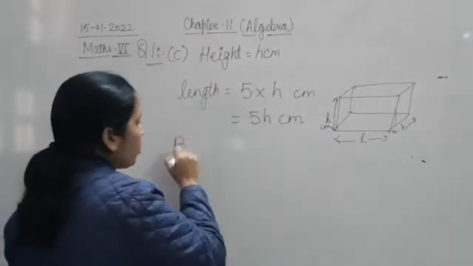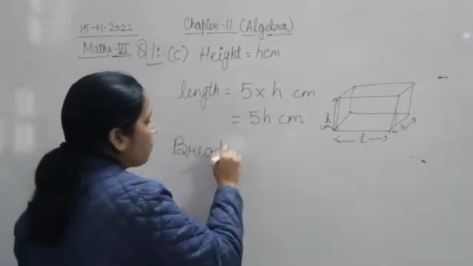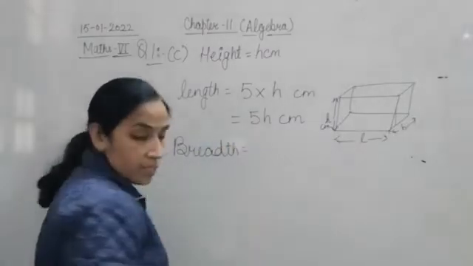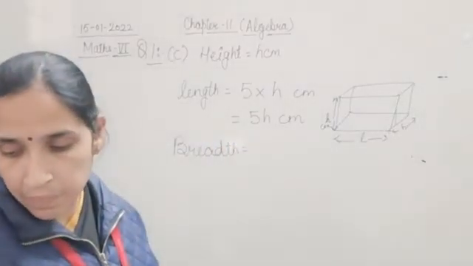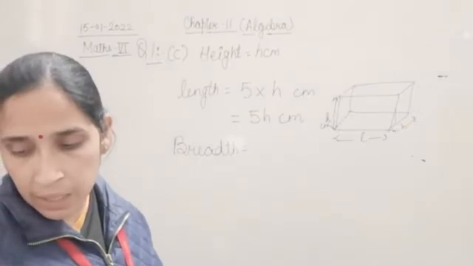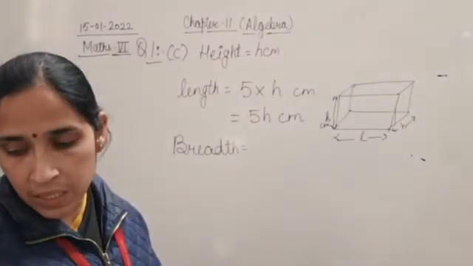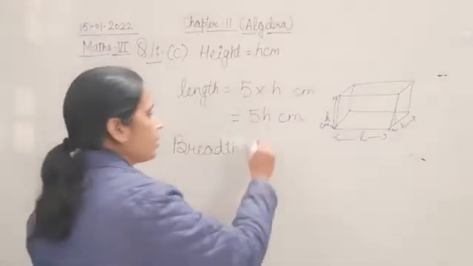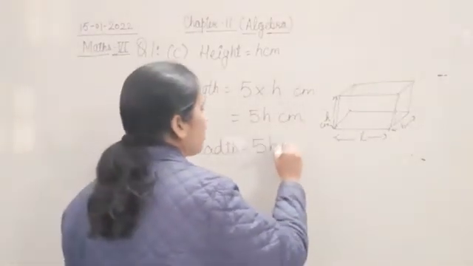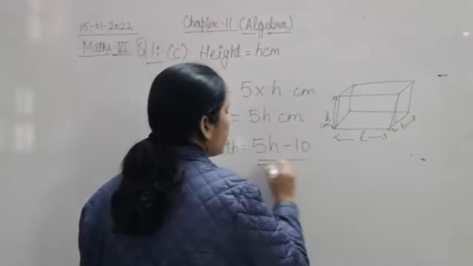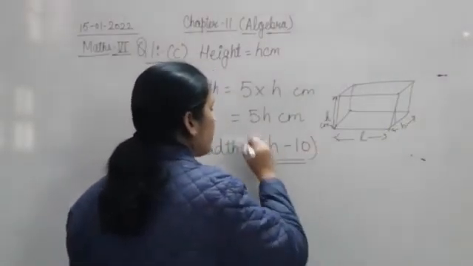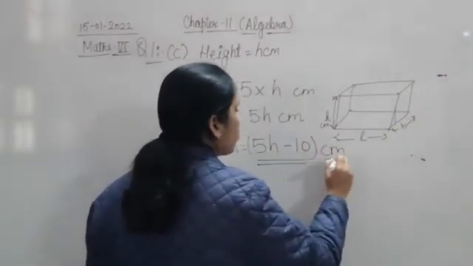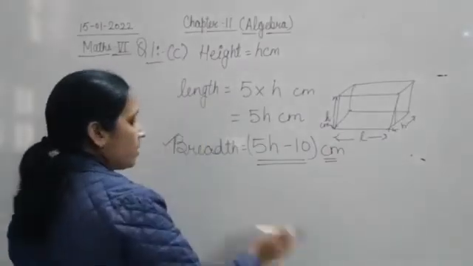Then let's talk about breadth. What will be the breadth? Breadth will be 10 centimeter less than its length. So 5h minus 10 centimeter will be your breadth. So what is length here?